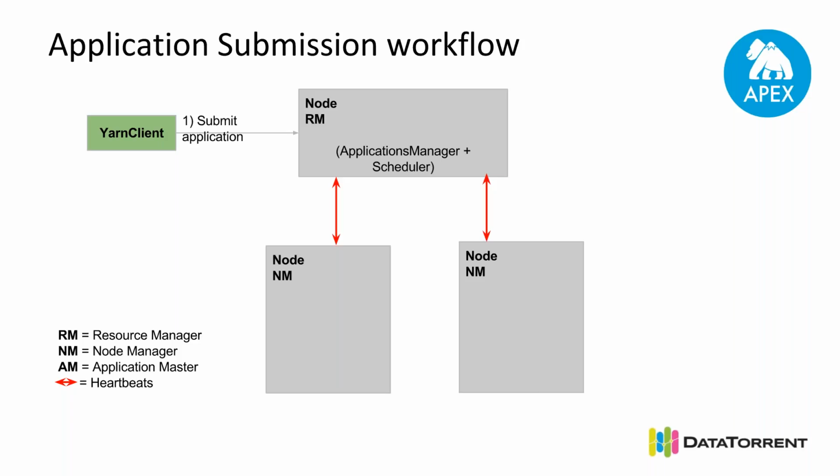And now the applications manager component of resource manager will take this request and will find a slot in your cluster where this process can be spawned based on the requirements. And once it finds such a slot, it will launch the application master.